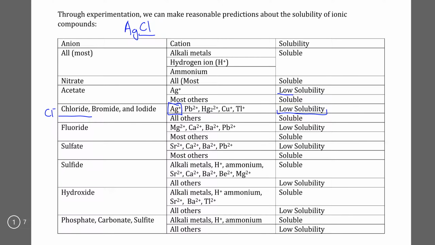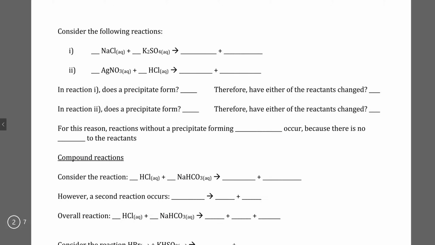So we can use this table to show that when chloride is paired with silver, it produces a compound with poor solubility. However, all others apart from these 5 metal ions here, when paired with chlorine, produce compounds that are fully soluble in water. To demonstrate how we use this solubility table, it's always best to try an example.